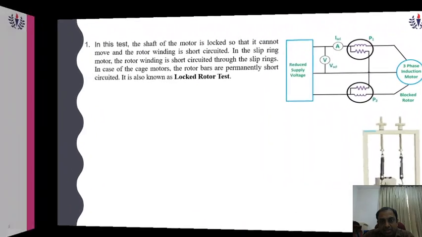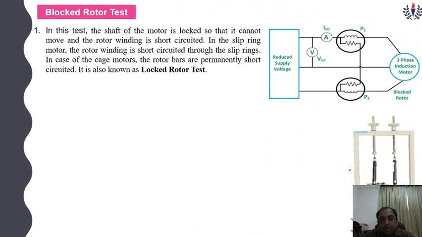The second test which we are performing here is the block rotor test. The block rotor test is also called the locked rotor test. The same arrangement is used, with applied voltage and two wattmeters. Block rotor means we are applying the full load and blocking it, therefore the rotor is not running.